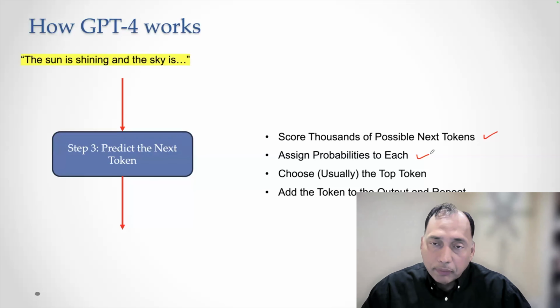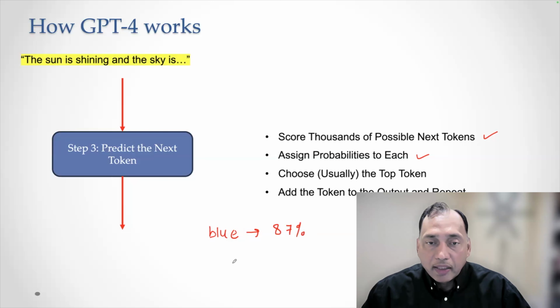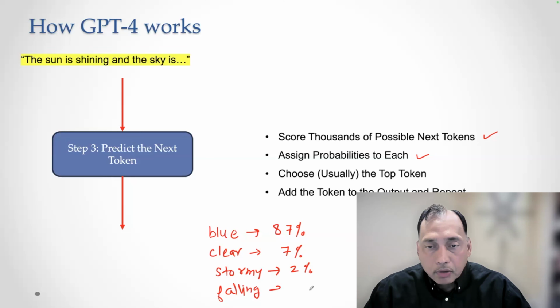It may look at blue, for example, and say it has an 87% chance. Or if the next prediction is clear, it has about 7% chance. Or stormy, 2%, falling, maybe 1%, and so on.